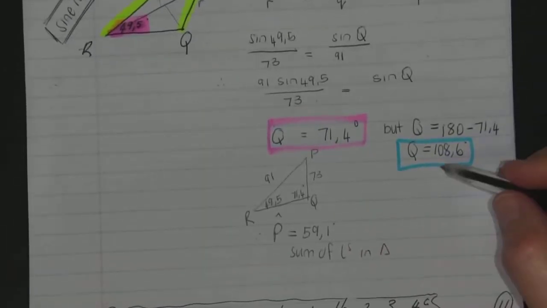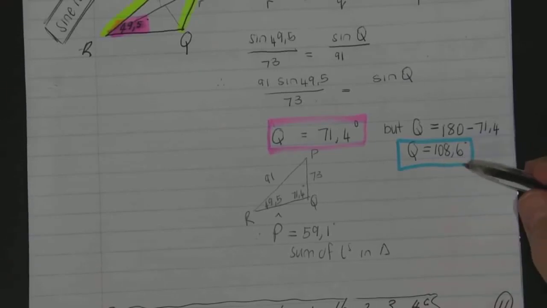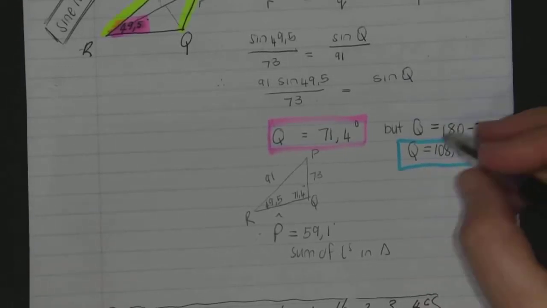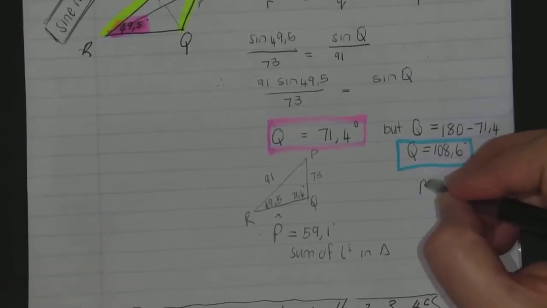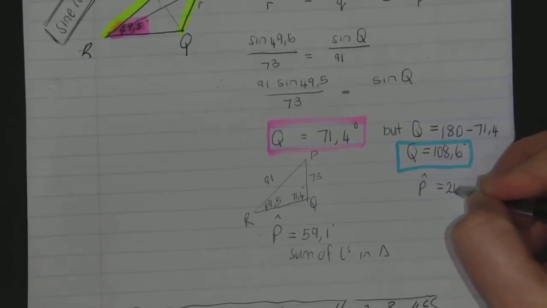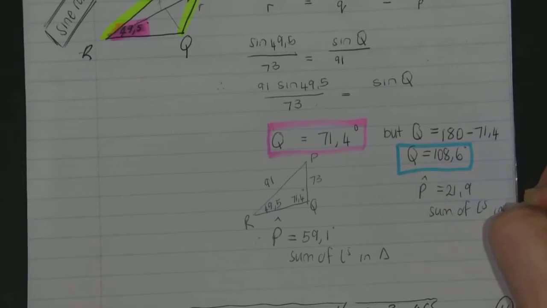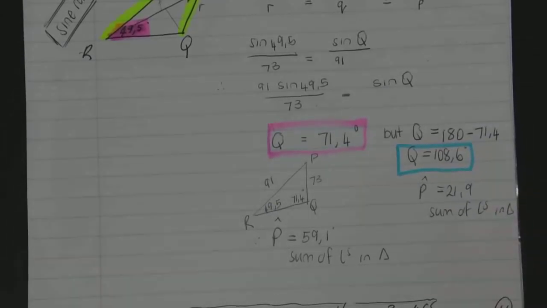But I also worked out that Q can be 108. Therefore, on this side, P will be 21,9, sum of angles in a triangle.